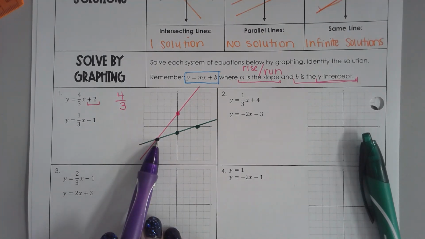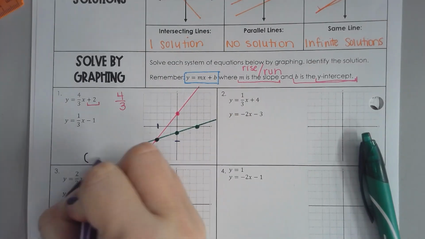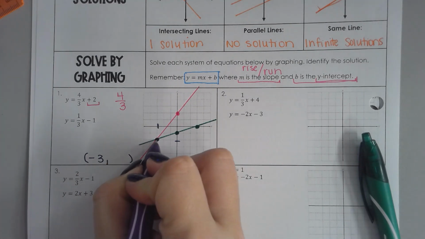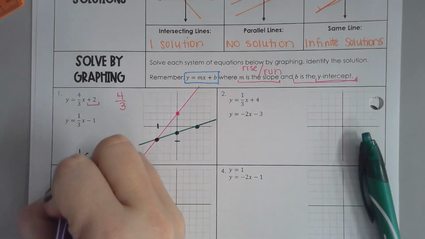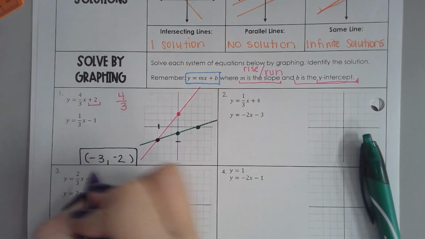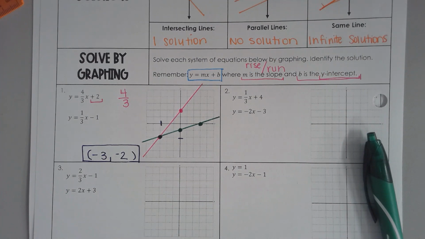You're just giving me a coordinate like an x, y. -3, and then the y is -2. Very good. So my solution is the point -3, -2.